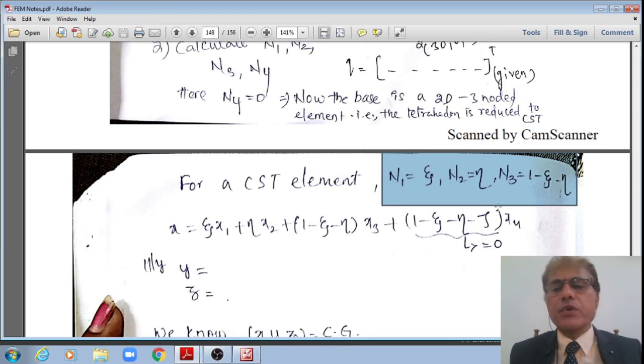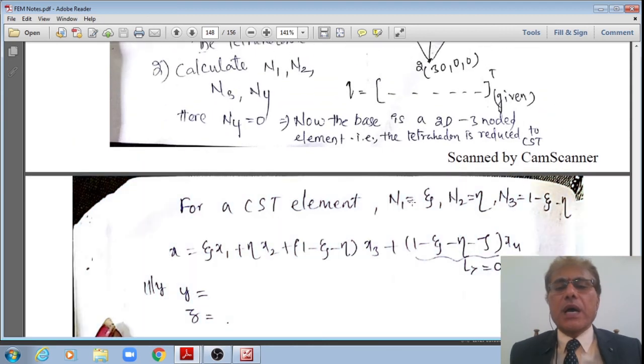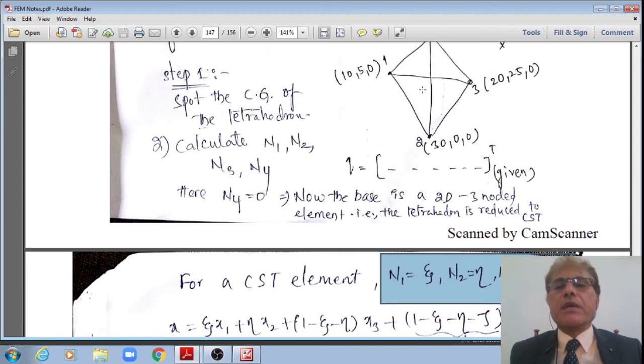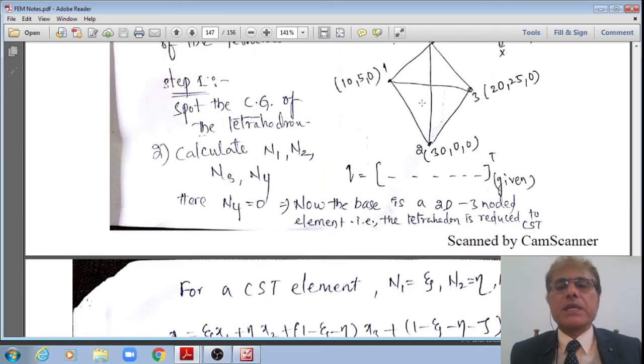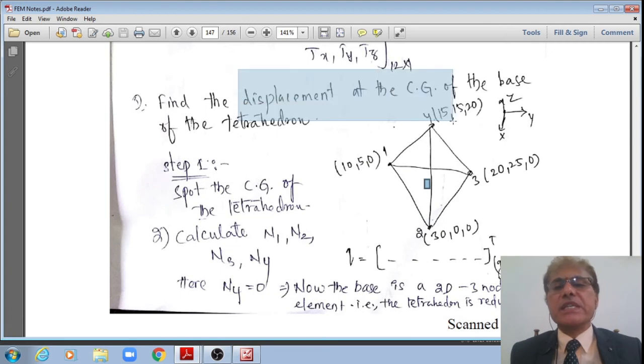In the previous video, student, they were xi, eta and 1 minus xi minus eta respectively, right. Once I know these shape functions, they will now work out, because we are interpolating at the cg. Obviously xi is equal to 1 by 3 and eta is equal to 1 by 3, and 1 minus xi minus eta is equal to 1 minus 2 by 3, which means 1 by 3 once again, right. And once I get 1 by 3, 1 by 3, 1 by 3, I want to get the displacement of this cg.